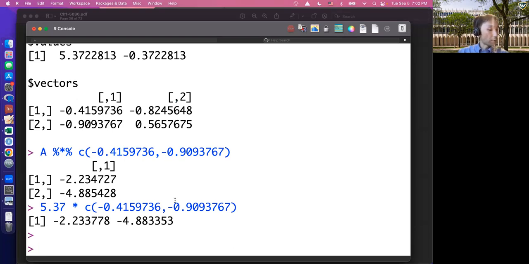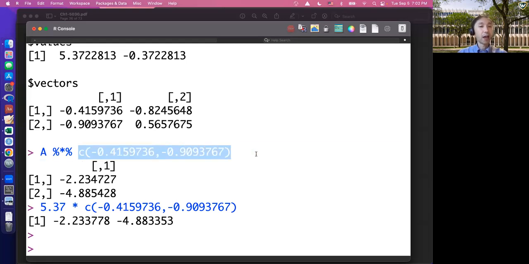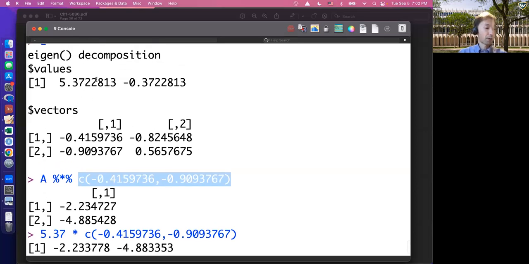It can be used to calculate the exponent of A, because if you multiply A to the 100th power by this vector, then that is just the original vector times 5.37 to the power 100.